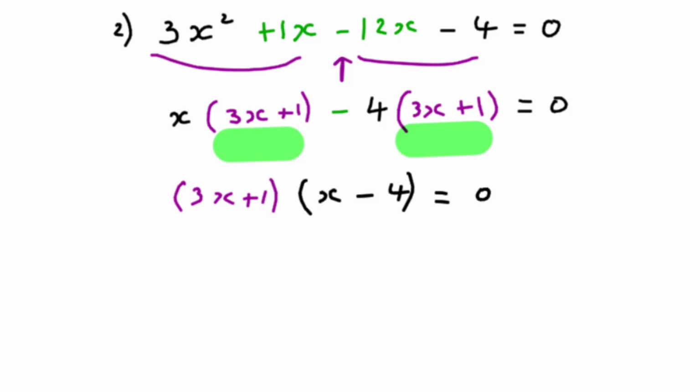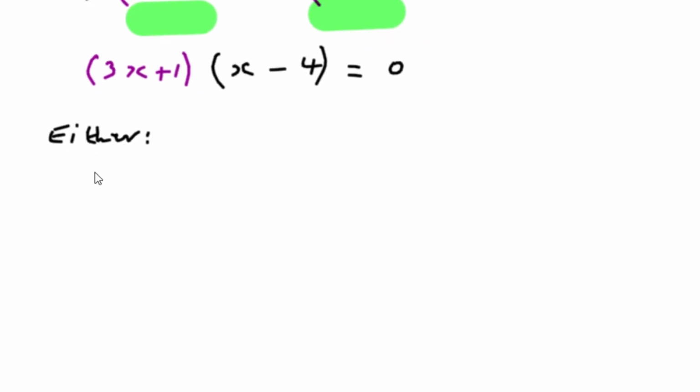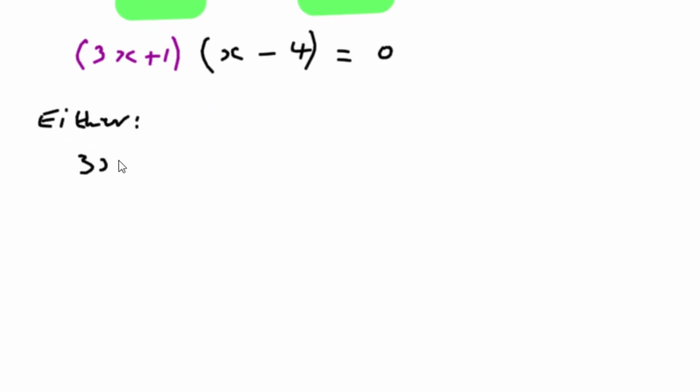Now it's fully factorized. We have two factors again that multiply to give 0. So, like we've seen before on all the examples, one of the factors must be 0. So first case, we're going to have the first factor, 3x plus 1, equals 0, back to a linear equation, easy to solve.